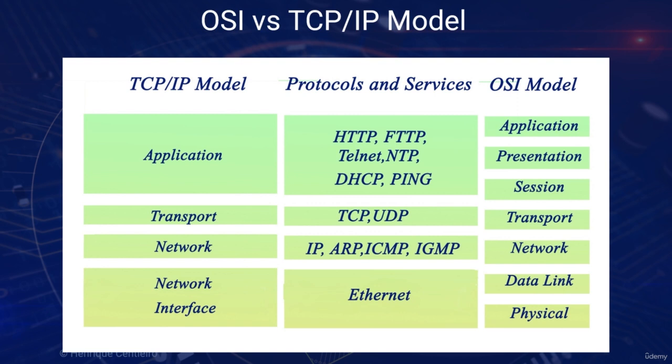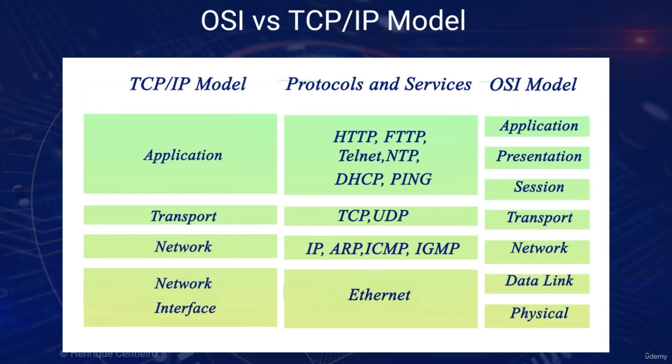The data moves down the OSI model, and each layer adds additional information. So the data moves down until it reaches the last layer of the OSI model. So you have data coming from the application layer to the physical layer, and from the physical layer to the application layer.